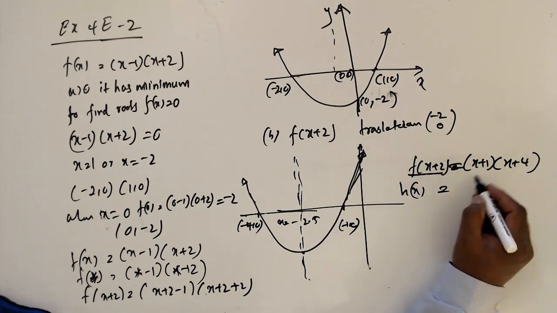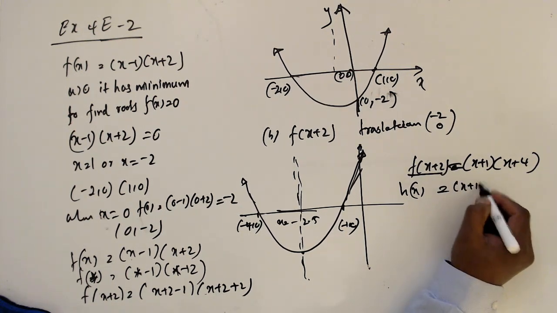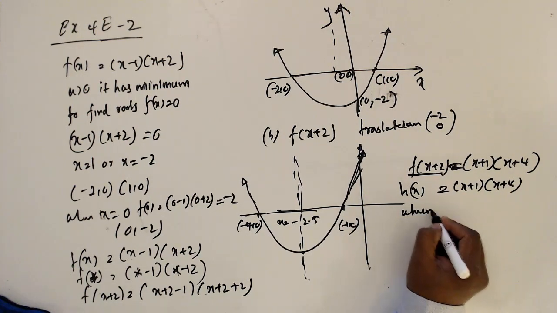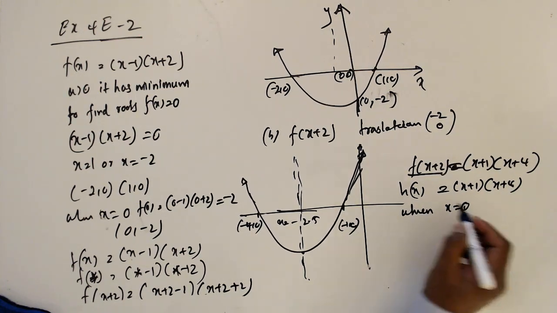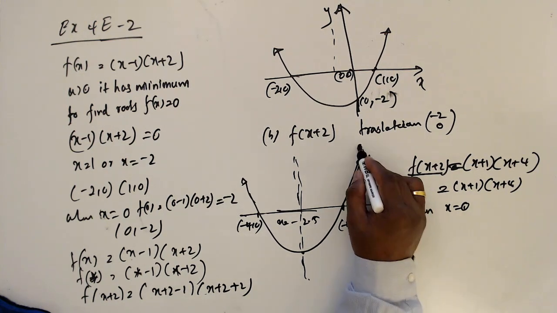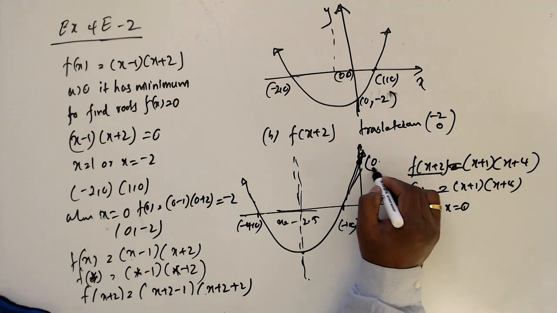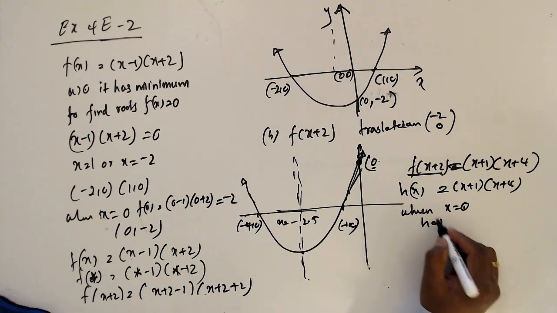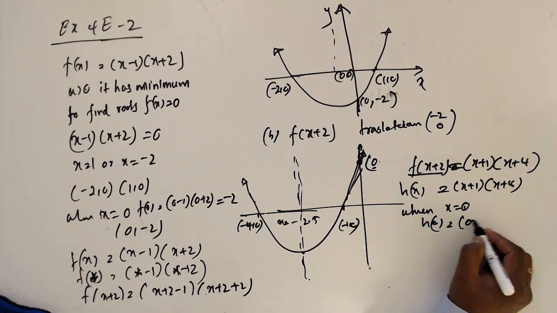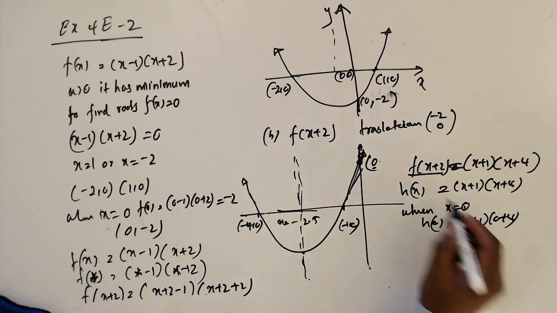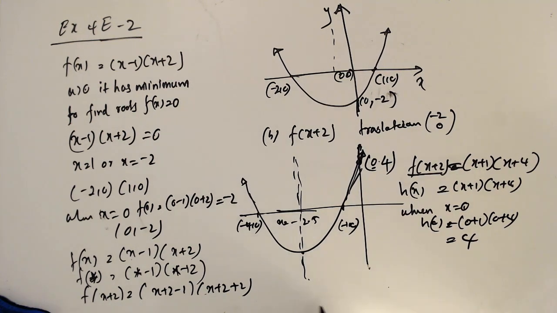Instead of writing this, (x plus 1)(x plus 4), when x equals 0, because I want to find the coordinate of this point. I know this is the y-axis, so its x value is 0. When x equals 0, h(0) is (0 plus 1)(0 plus 4), which is 4. This value is 4.